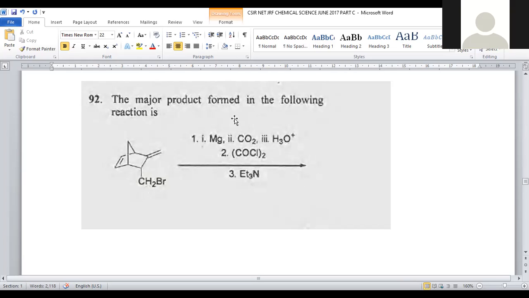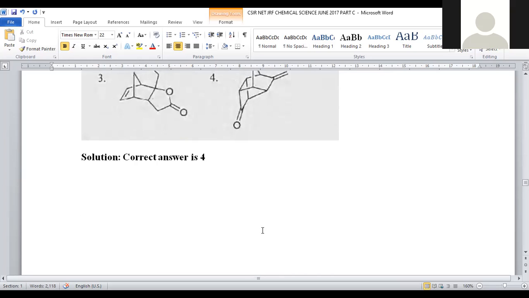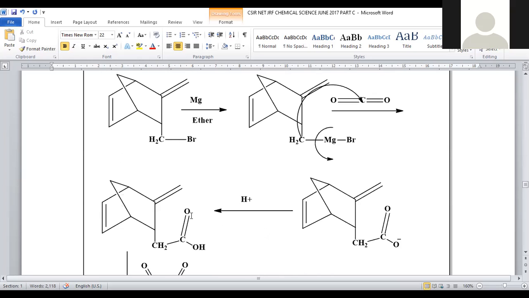For that purpose, first let us prepare the Grignard reagent, right? Let us consider this as an alkyl halide because CH2Br is there, hence it is considered an alkyl halide. An alkyl halide upon treating with magnesium metal in ether solvent is converted into alkyl magnesium halide, which is called a Grignard reagent.